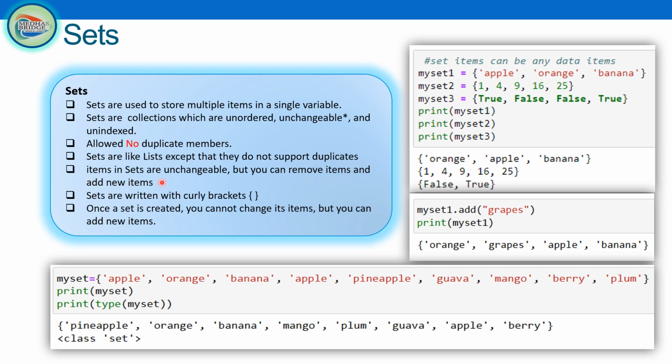Items in sets are unchangeable, but you can remove items and add new items. Sets are written with curly brackets. Once a set is created, you cannot change its items, but you can add new items.